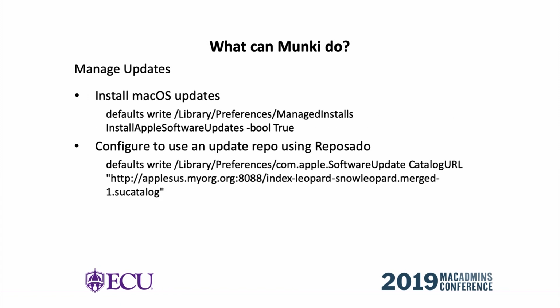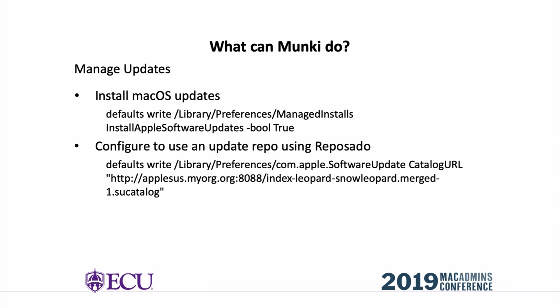So continuing with the updates, it can also install macOS updates. Munki is not set to check for updates by default, but with that particular command, during the check that it does roughly every hour, depending on the setting of your machine, it will check for updates.